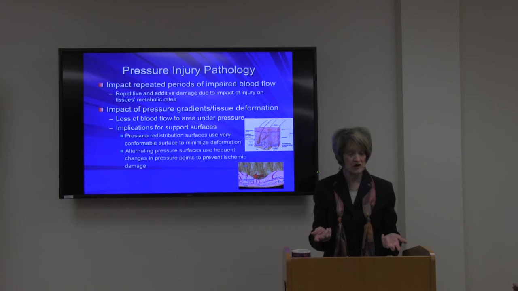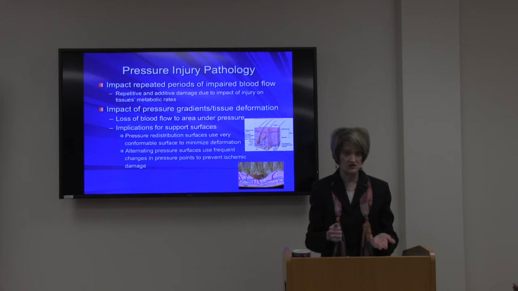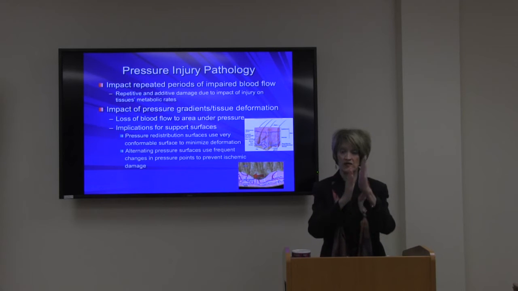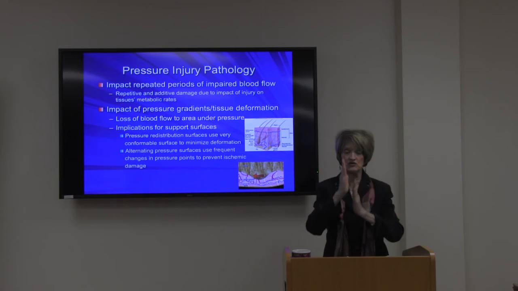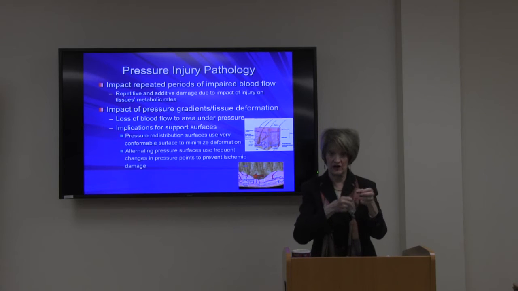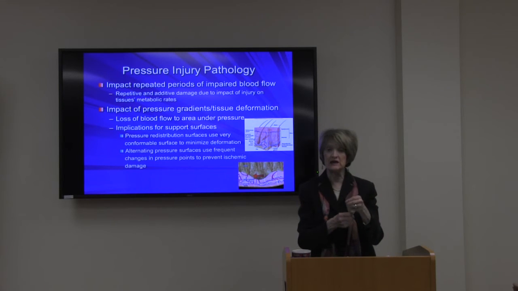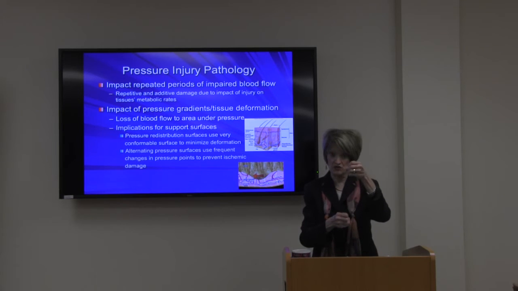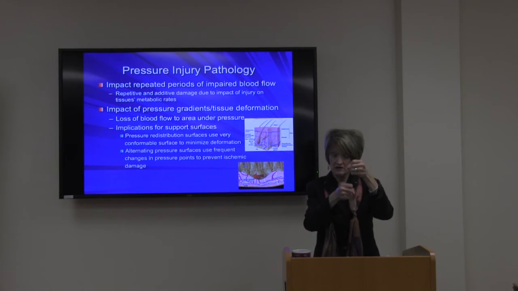Well, alternating pressure surfaces do cause tissue deformation. And how they work is they constantly change the points under pressure. So you have a surface that has a series of air chambers. At any given point in time, 1/3 to 1/2 of the chambers are inflated, the other 1/2 to 2/3 are deflated. Okay, so it's like this.